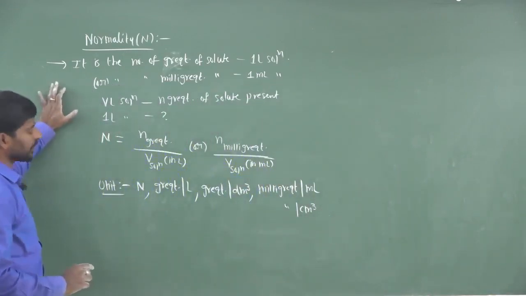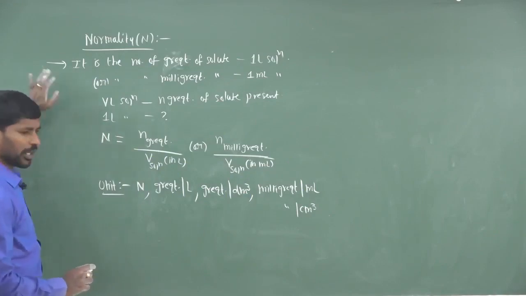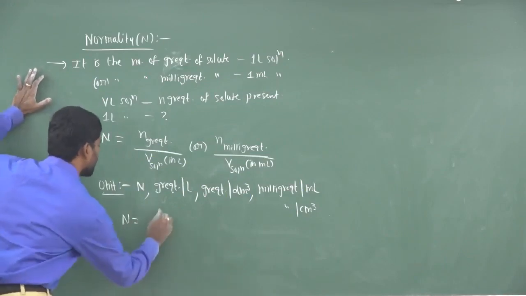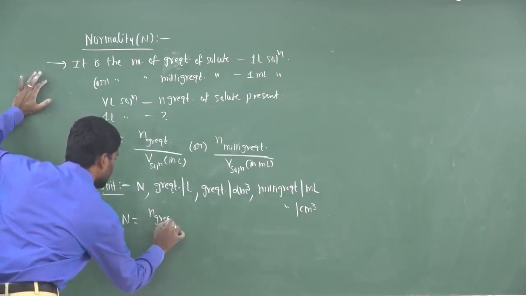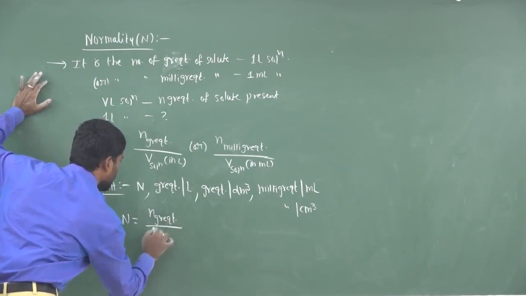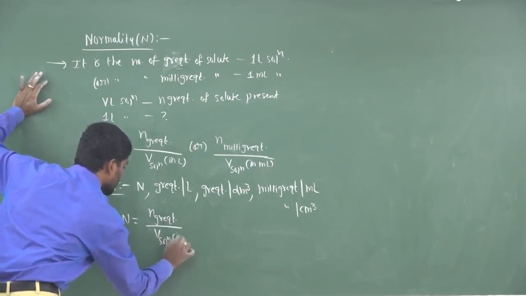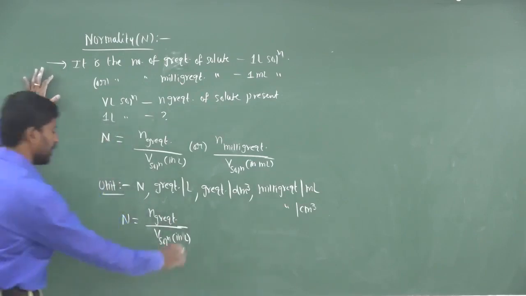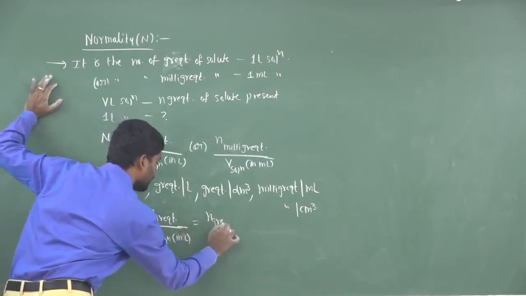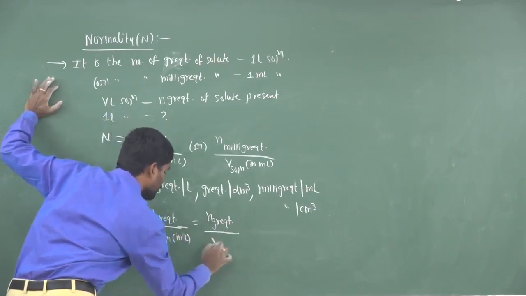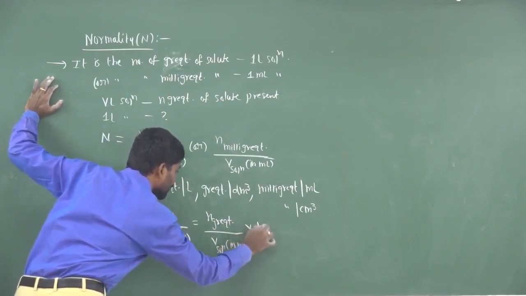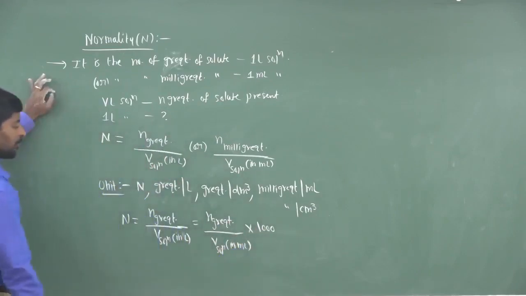Next, various expressions for normality, similar to molarity. Normality is equal to number of gram equivalents by volume of solution in liter, or number of gram equivalents by volume of solution in ml into 1000.